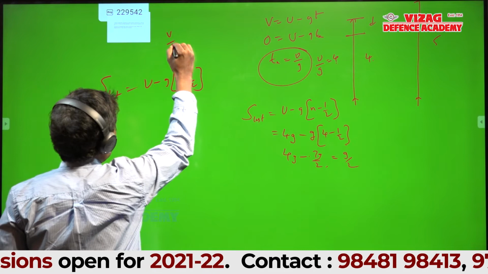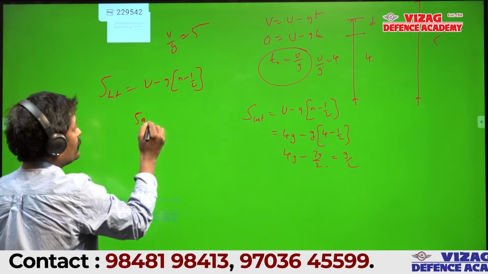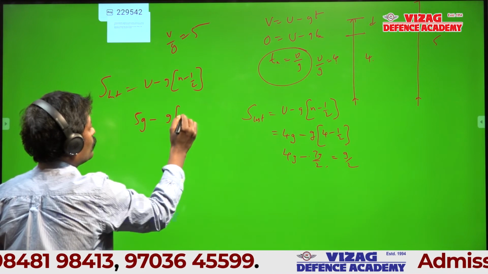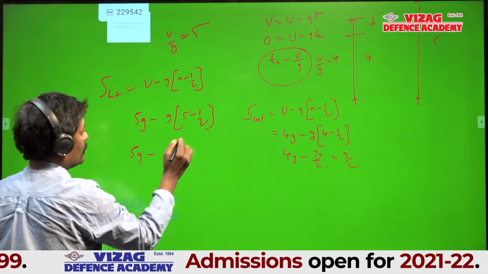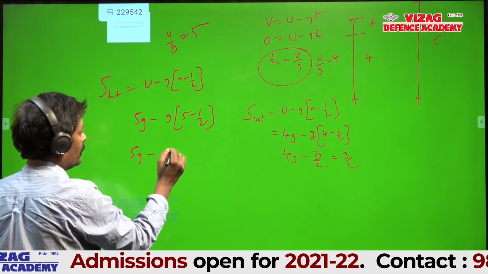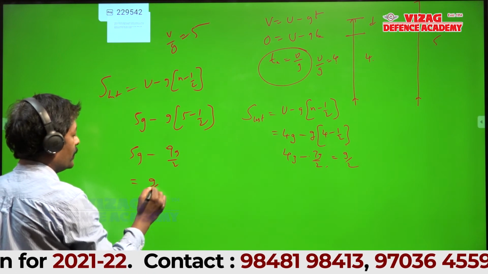But u by g is 5, so u is 5g. 5g minus g into 5 minus half, that is 5g minus 4.5g, 0.5g. That is g by 2.